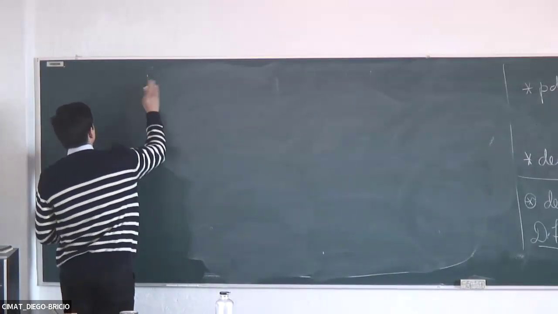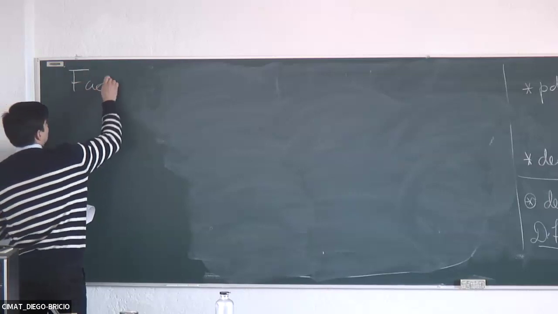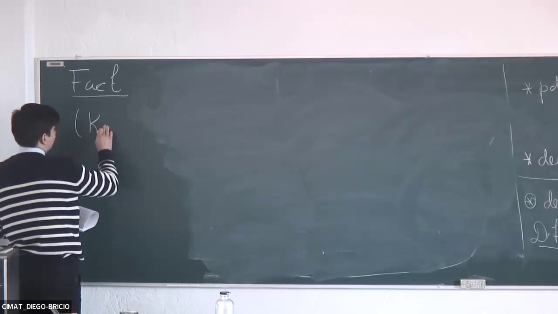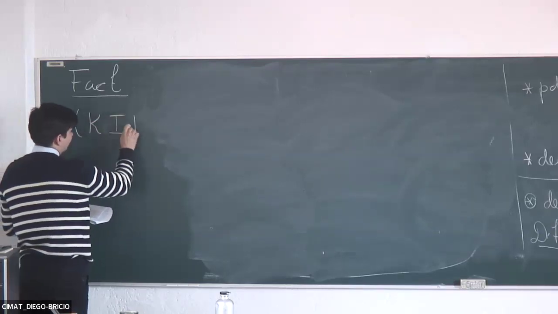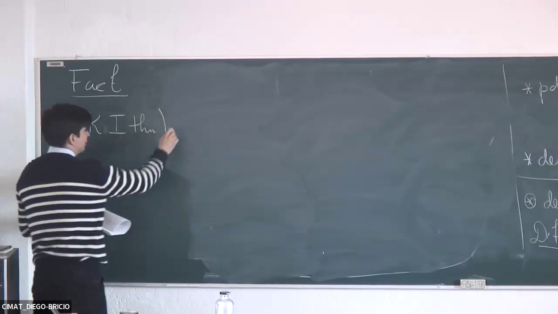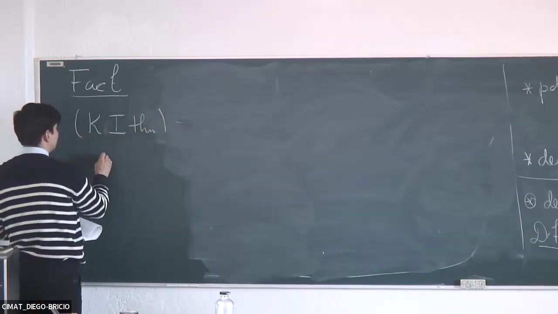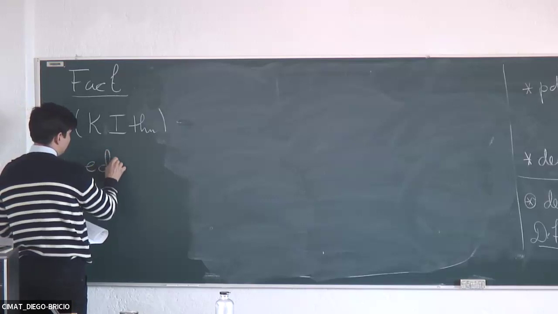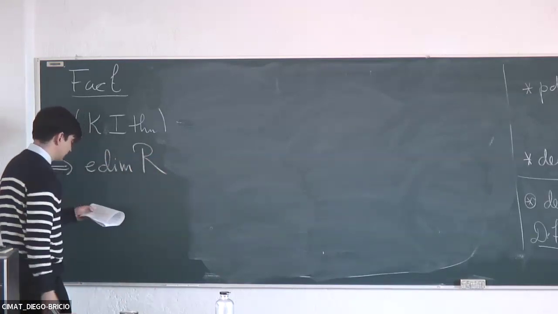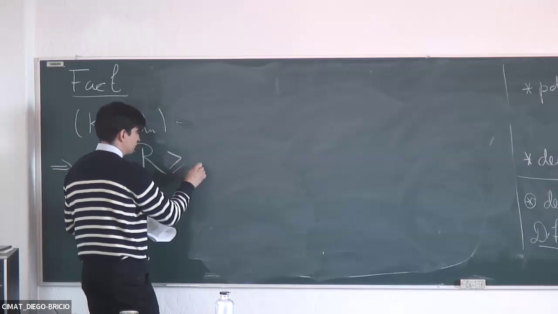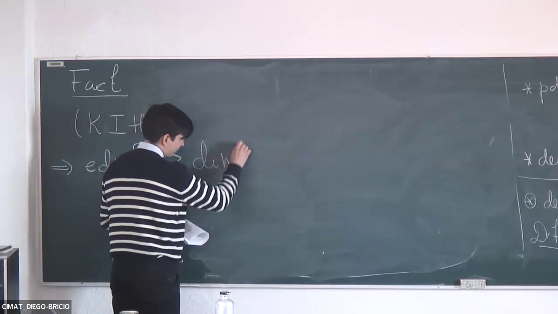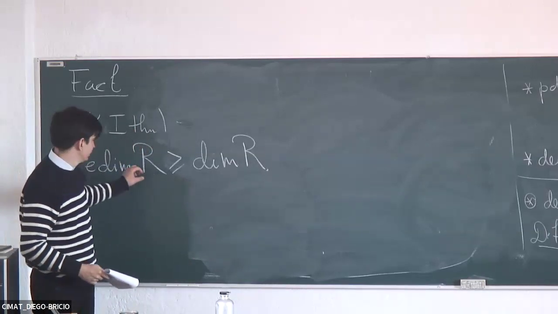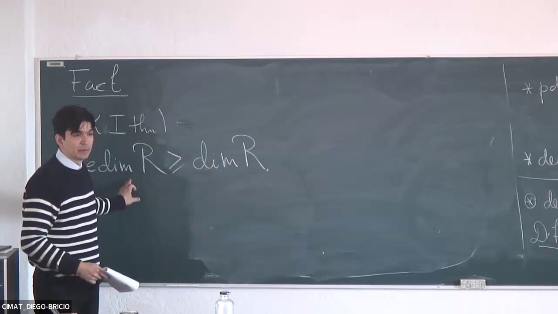So, a fact, which is an exercise in the notes, but is a consequence of Krull's ideal theorem. It says that the embedded dimension is always at least the dimension of R. And actually, this is the reason why for Noetherian local rings, the dimension is a finite number, because it is bounded by this.